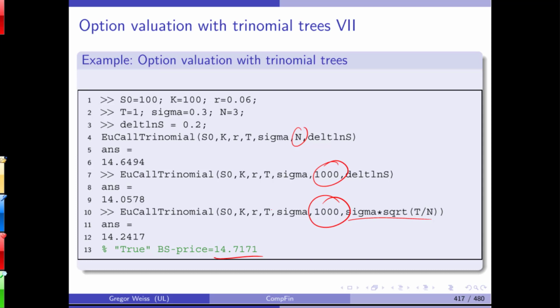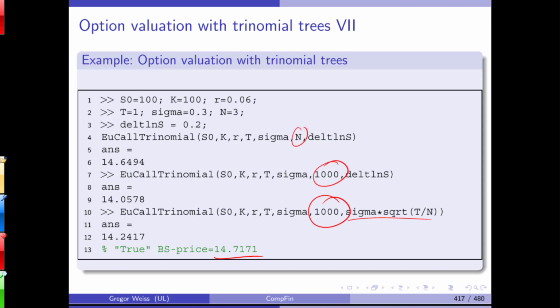Now, why do we only need, in this example, 3 steps to get a very good approximation? Well, the model is more flexible in its own right compared to the binomial model. In contrast to the binomial model, where we only have 2 states, we now allow the stock to take on 3 states.